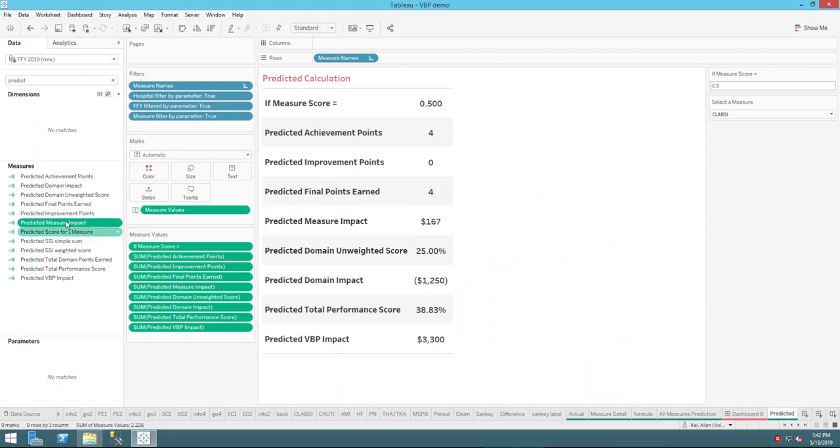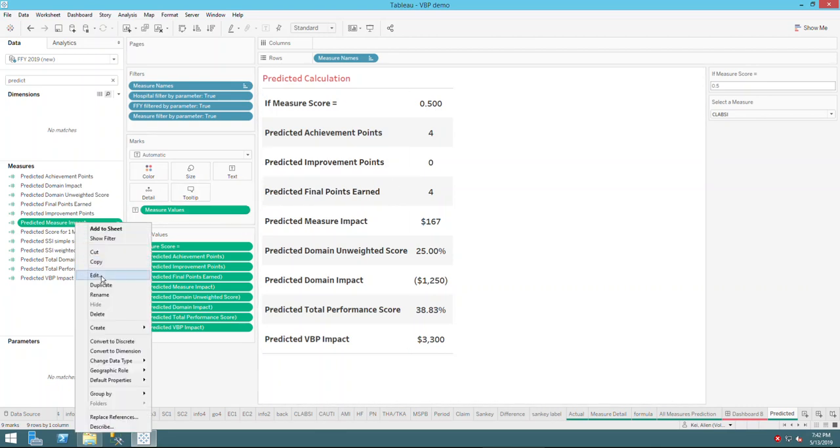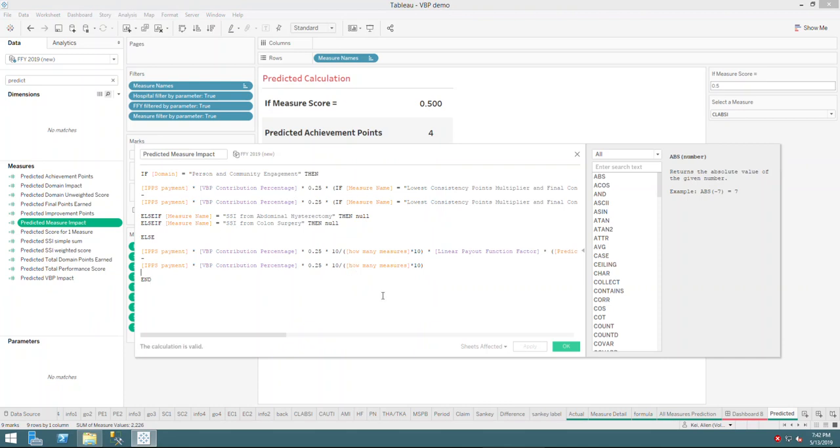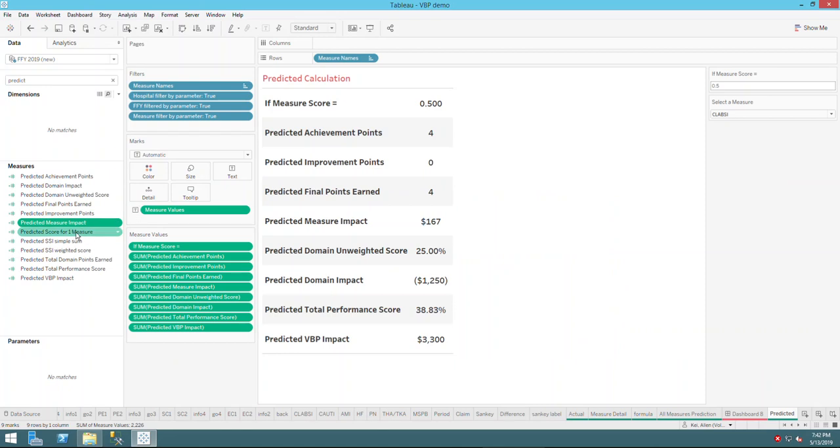So you will have an impact. Since my backend data has each row as a measure, I can just calculate the measure impact for each measure. And then after measure impact, I can calculate the domain unweighted score.